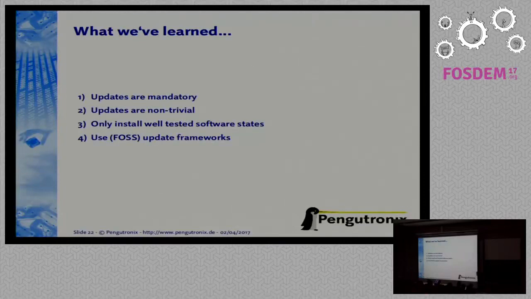The second one is that updates are not really trivial. There are some pitfalls I've shown and some more I have not shown yet. And if you do updates, only install well-tested software sets. This is the best way to not break your device. And of course, use free and open software update frameworks. For example, I give you an idea, RAUC would be a good choice.